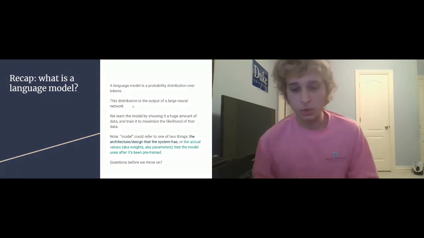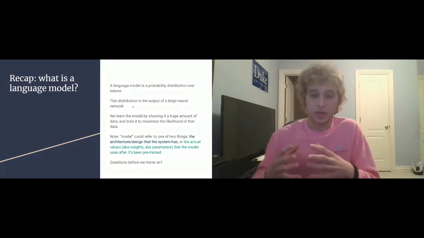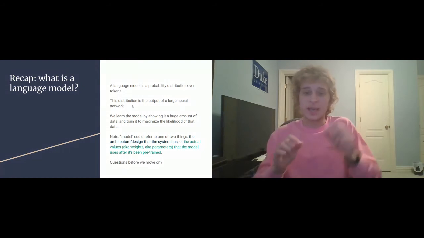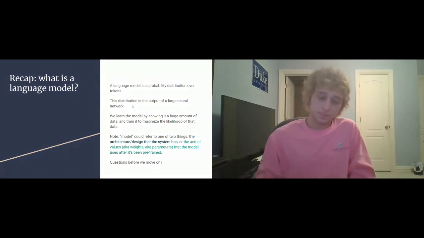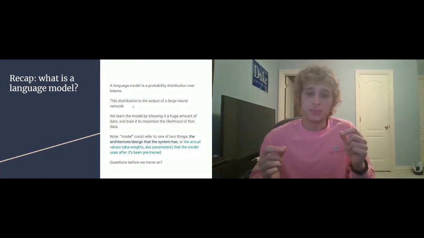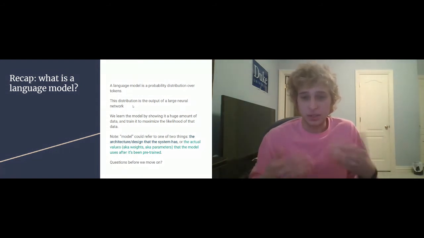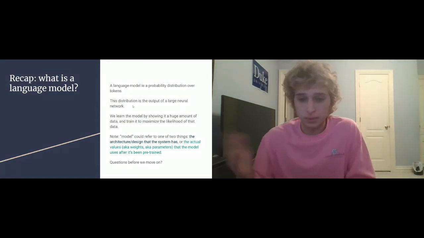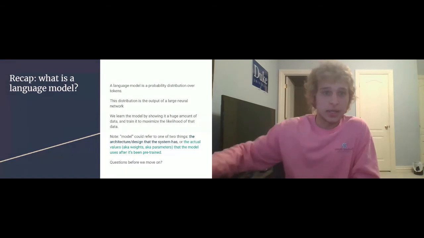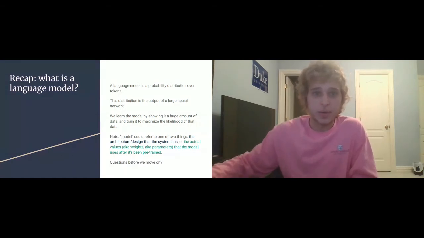These models learn with 1 million or 100 million or 1 billion parameters that get tweaked as the model sees more data. After the model's trained, these parameters are what give the model its ability to understand text. Before that, the parameters are just randomly initialized. So that's the basics of language modeling pretty much.